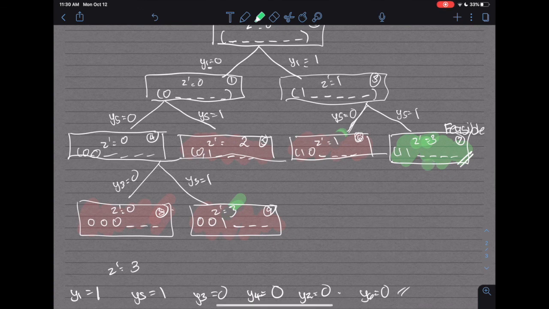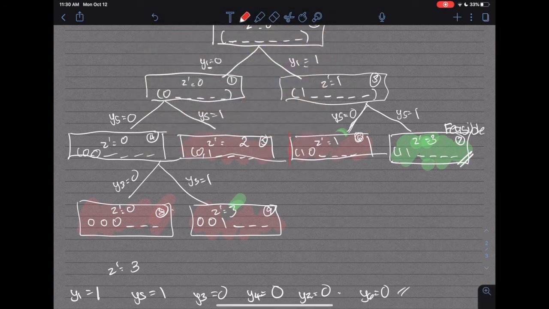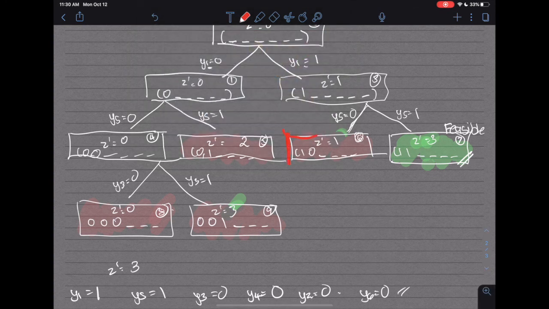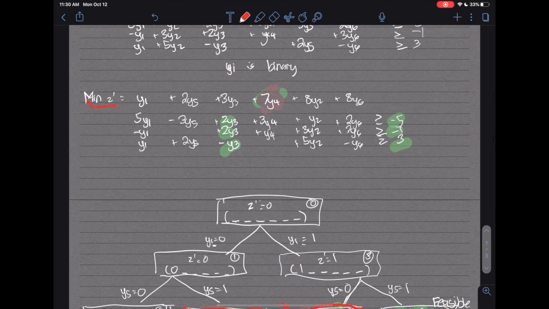The reason why we are able to fathom your other subnodes is because it's a minimization problem, and we know that we keep on adding the variables.